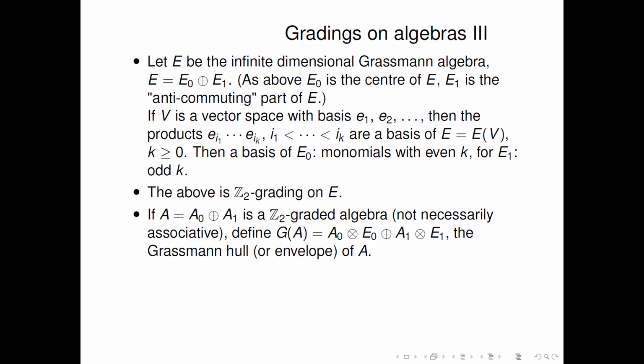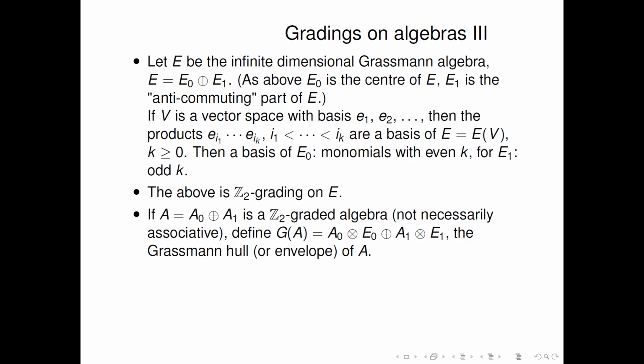E is the infinite dimensional Grassmann algebra of a vector space V, assuming it has a basis e1, e2, and so on. Then all these products, where the indices increase without repetitions, form a basis for E. Then E0 has a basis where here enter the monomials with even k, and E1 with odd k.